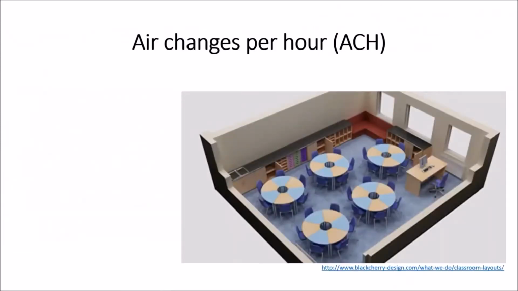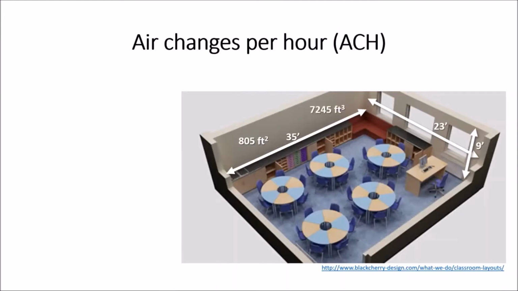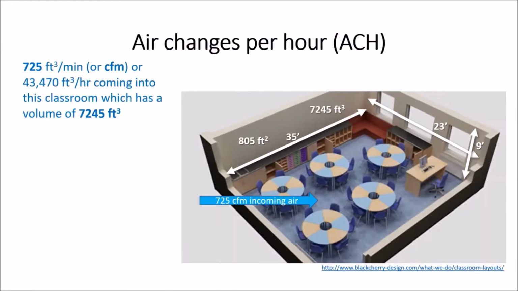So it's all about air changes per hour. Let's look at what air changes per hour is. Well, first you take the length and the width and multiply the two and you get the square footage of the classroom. And if we also take into account the height, we can figure out the volume of the room. And if we have a certain amount of air coming into the room, we can calculate the air changes per hour by converting the cubic feet per minute to cubic feet per hour.